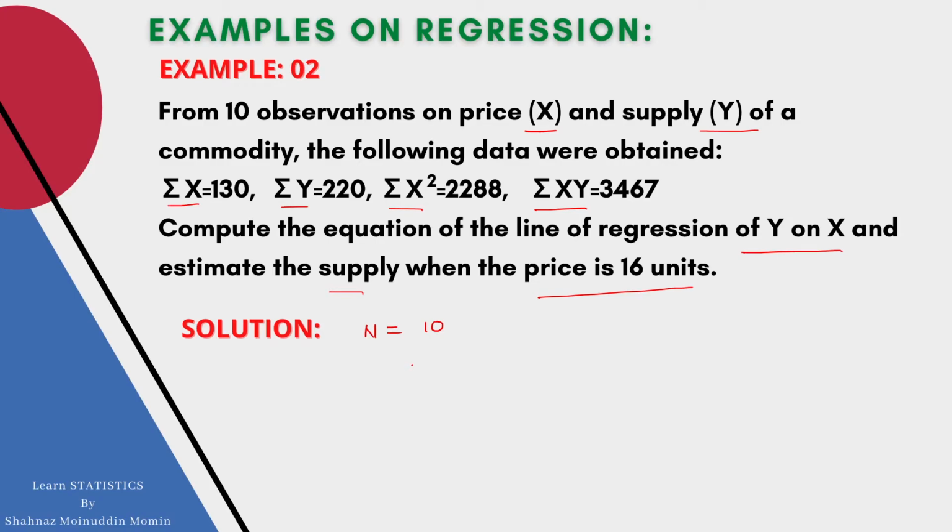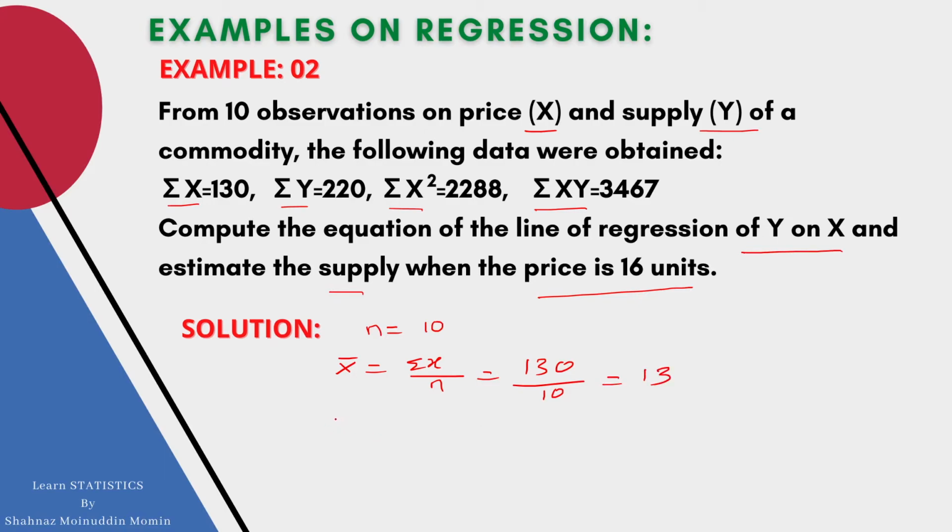Okay. Now we shall first obtain the value of mean x bar and y bar. Mean x bar is equal to summation x upon n, which is 130 divided by 10, that is 13.